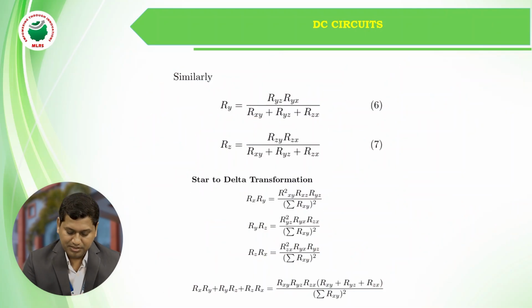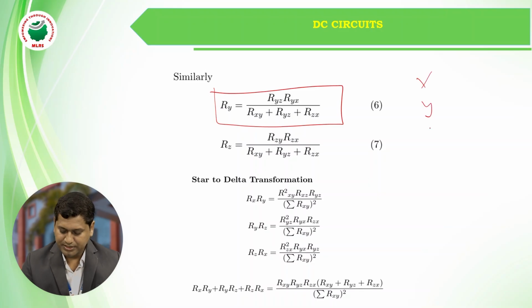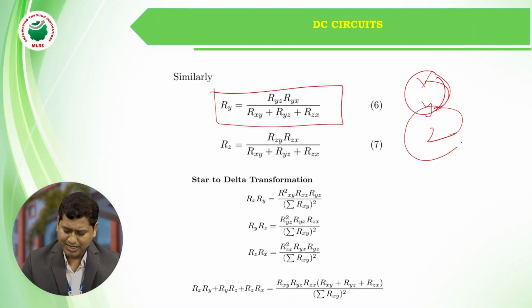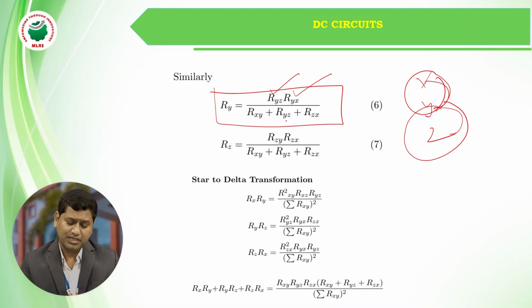Similarly with Ry, again x, y, z, the combination for y is x and z. So the equation will be Ry is equal to Ryx and Ryz over the same denominator Rxy plus Ryz plus Rzx.